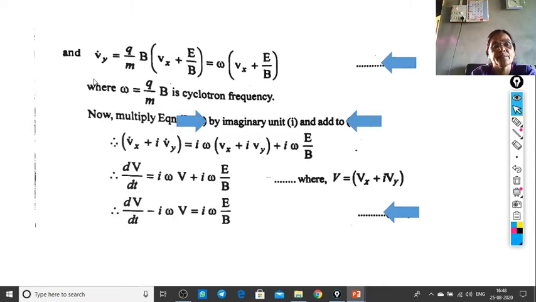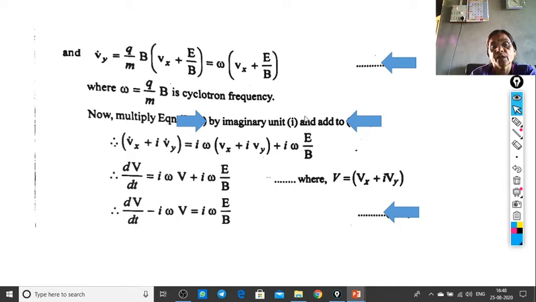Similarly, from the same comparison, vy dot equals qB upon m times vx plus E upon B, equal to omega times vx plus E upon B, where, as in the previous article, this omega equals qB upon m, which is the cyclotron frequency, the product of the specific charge of the charged particle and the magnetic field magnitude. Therefore, omega equals qB upon m as the cyclotron frequency.